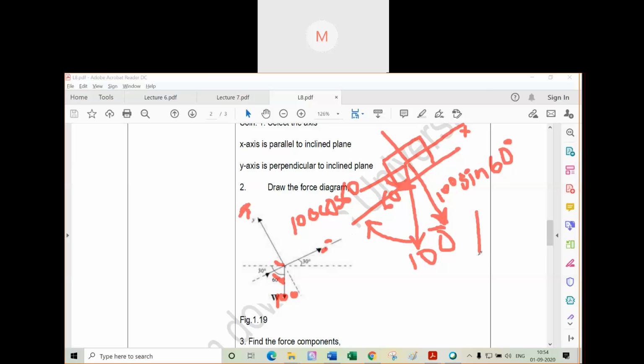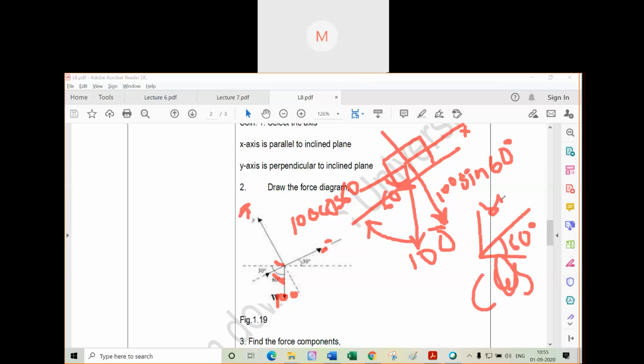Yes, sir. Suppose this. So here we have got angle 60. Here we have got angle 60. So what happens? This will be cos, no? Yes or no?